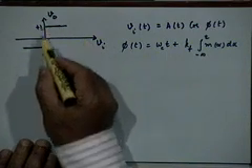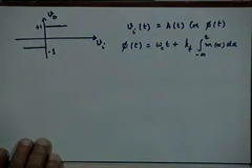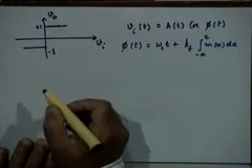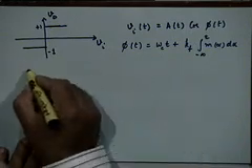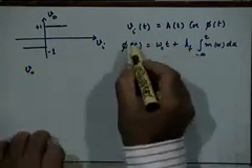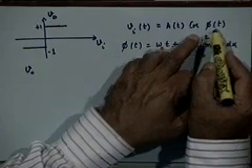This is the input to the system. So, we can think of the output now as a function of phi. The input is a function of phi.